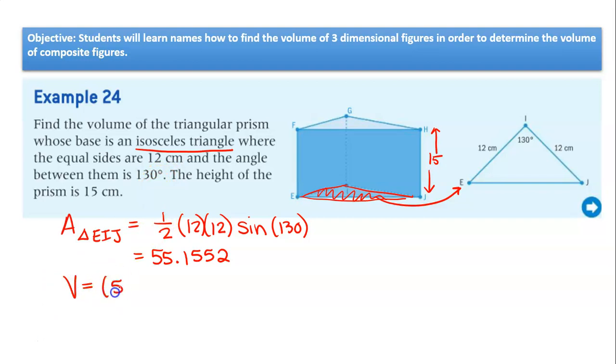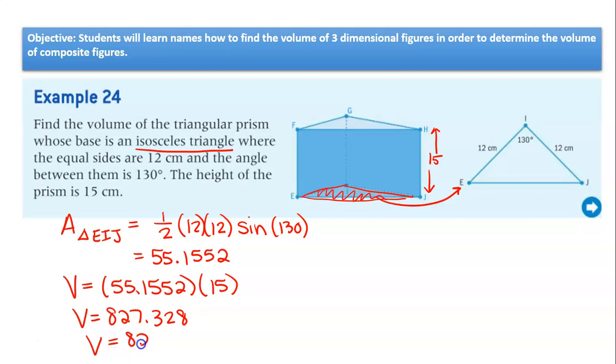So 55.1552 times the height, which we were told was 15, and we get 827.328. When we change that to 3 sig figs, we get 827, and this unit is centimeters, so that's centimeters cubed.